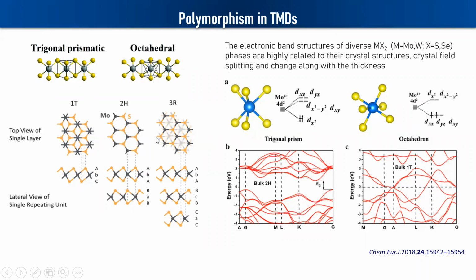This is also very interesting because in the 2H phase, the bilayer of these TMDs has inversion symmetry, whereas the 3R phase is equivalent to, say, two single layers of TMDs which are slightly shifted in one direction.